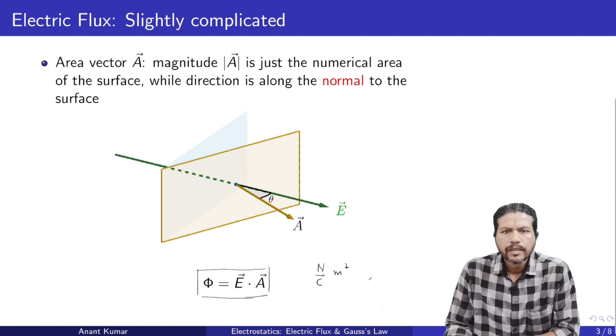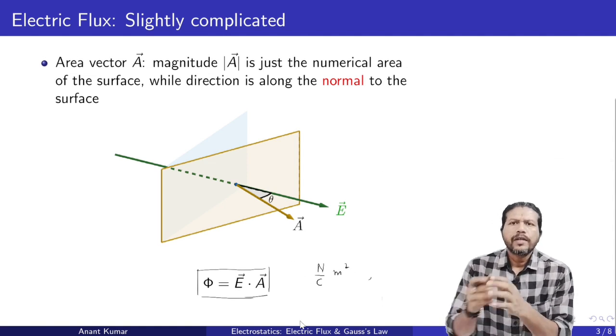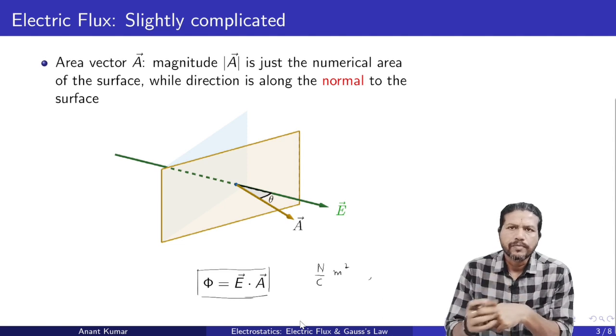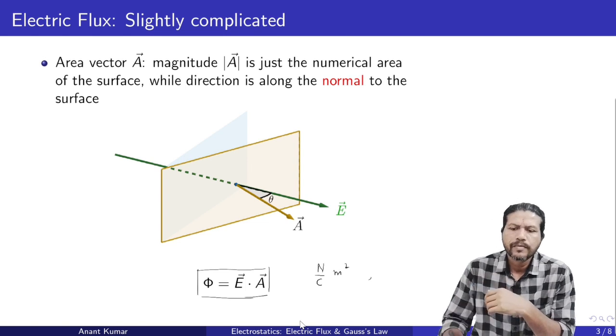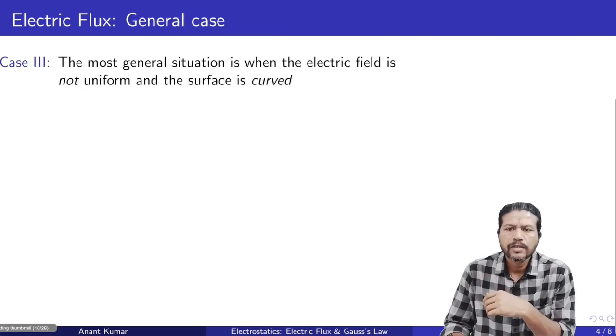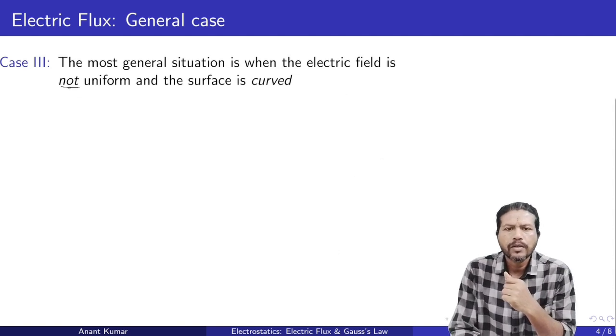Fine. Okay, now obviously in a very general scenario, we might have an electric field which is non-uniform and the area which is no longer a plane surface. We might have a curved surface. So, we have a general situation where the electric field is not uniform and the surface is curved, no longer a plane surface.